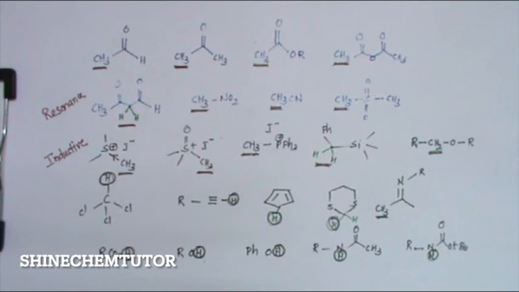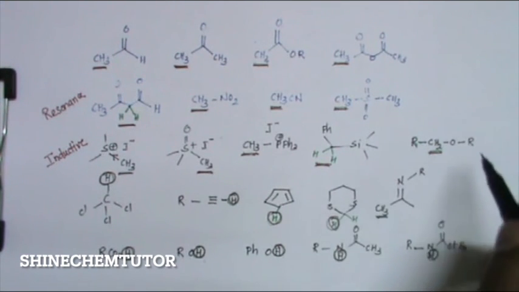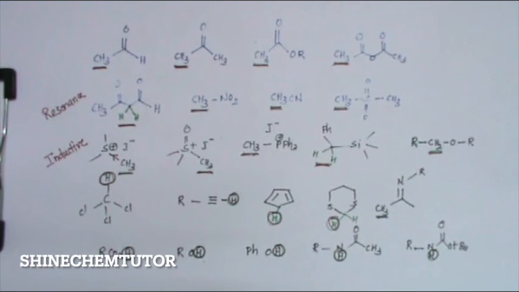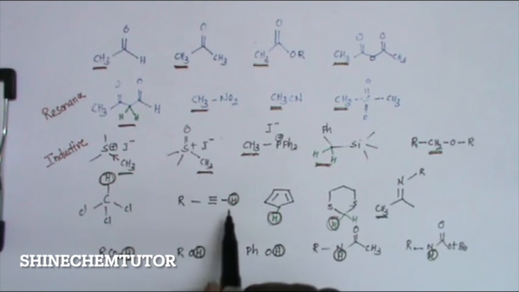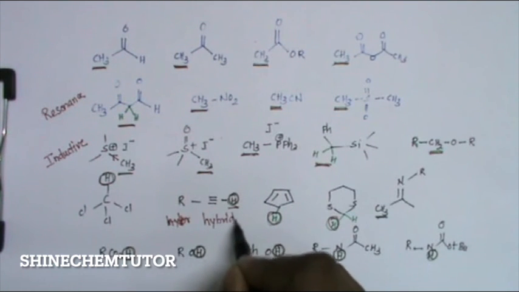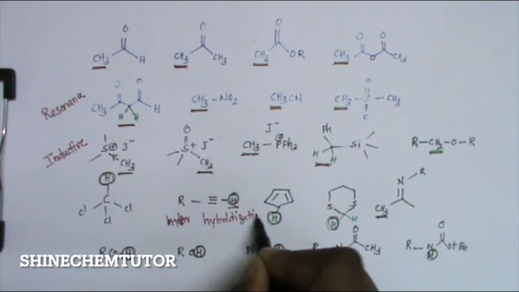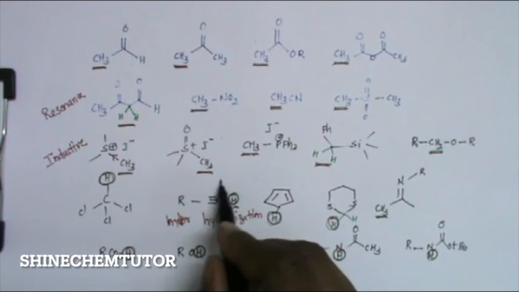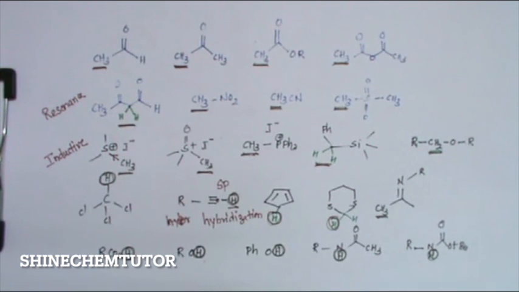Similarly, in the case of silyl compounds, ethers and chloroform, the hydrogens are acidic. It is because of the inductive effect. In the case of alkyne, the sp hybridized hydrogen is acidic. The reason is hybridization. This carbon is sp hybridized.